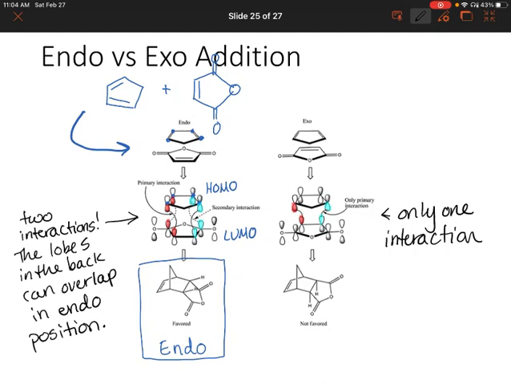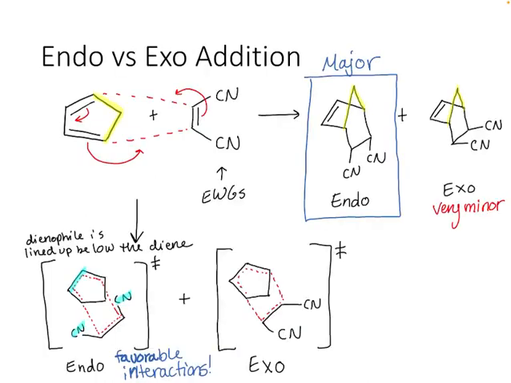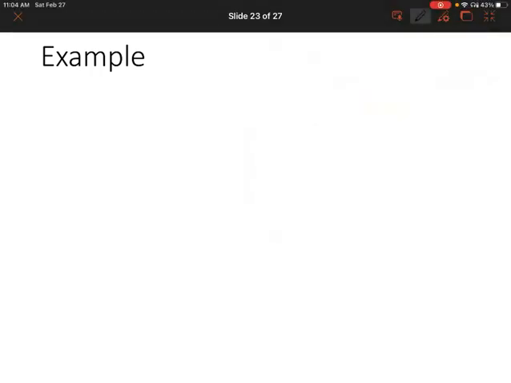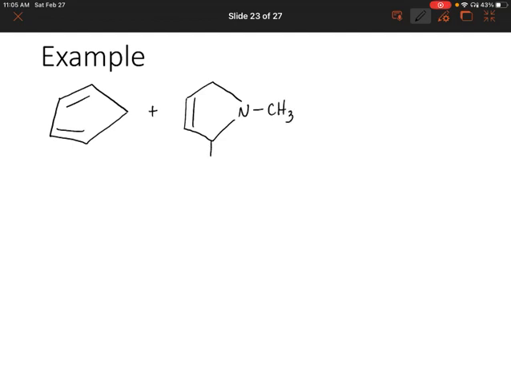Okay, so let's actually look at some examples. So I'm going to go back. All right, so let's look at an example where we have our same diene that I drew before. And then our dienophile is going to look kind of similar to one we've seen before.